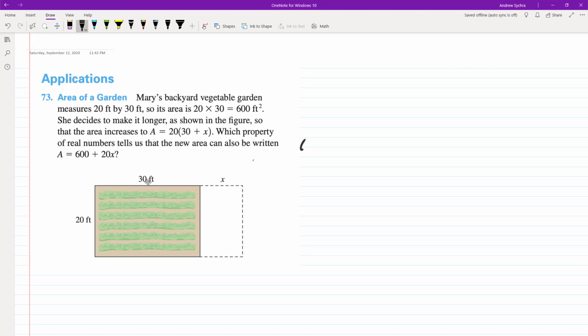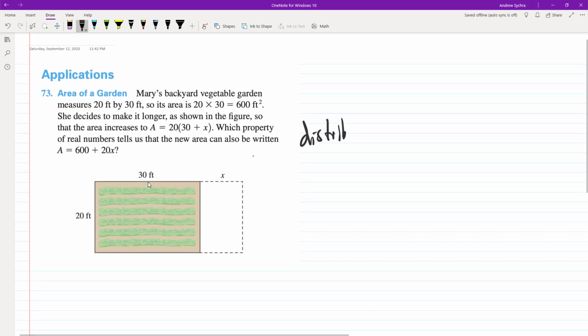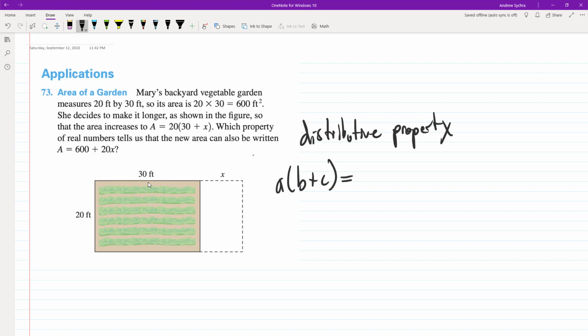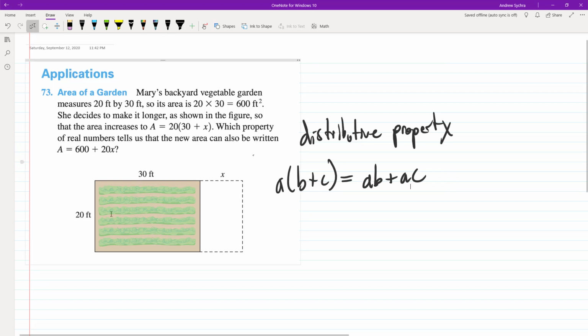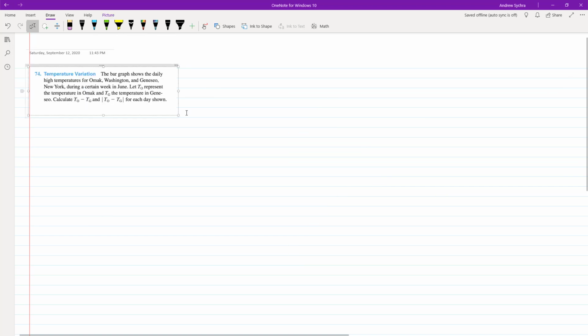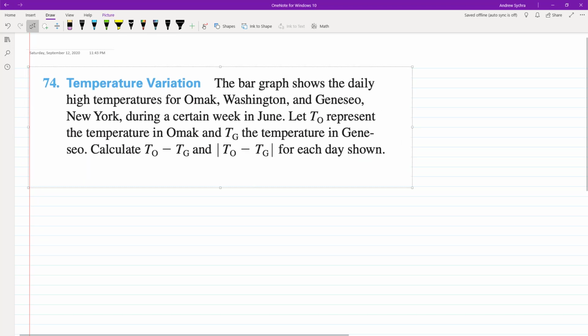So I'll write this out. Okay, cool. Ooh, I gotta include the bar graph.